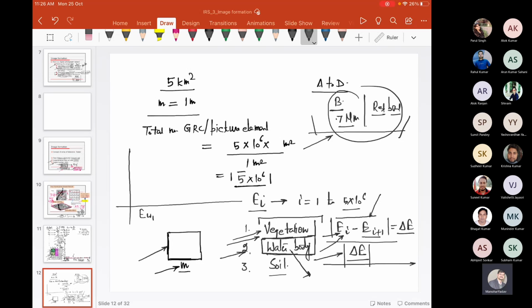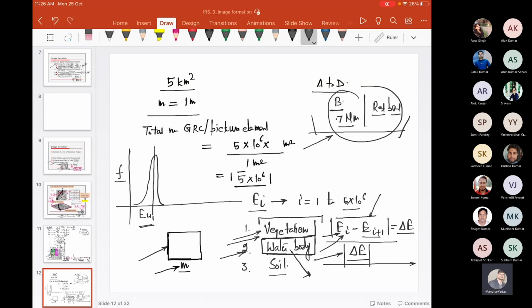If the water body that is there in the area, if that water body characteristic is uniform, then in that case, if you plot the histogram of the energy component, you will get like this. Okay, there is a peak. This is the frequency. There is a peak around which, in a very narrow difference in the energy, all the energy components from the water body are concentrated.